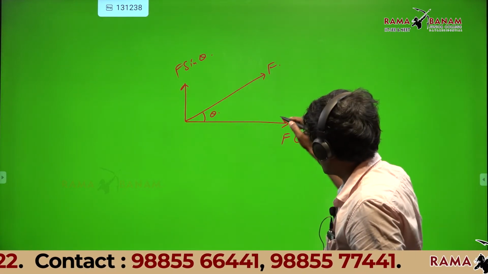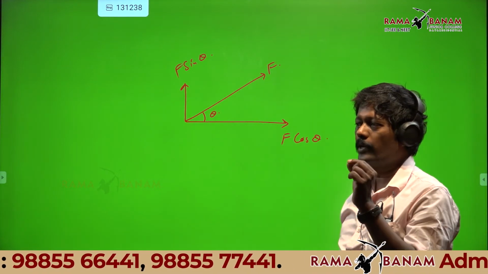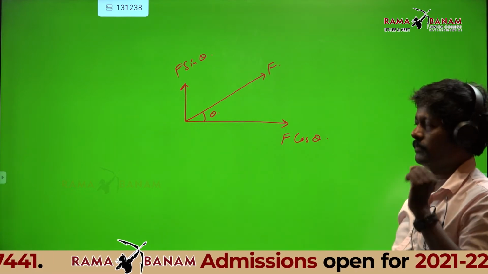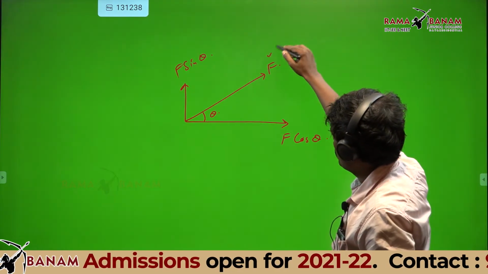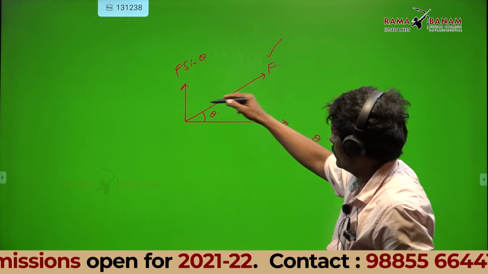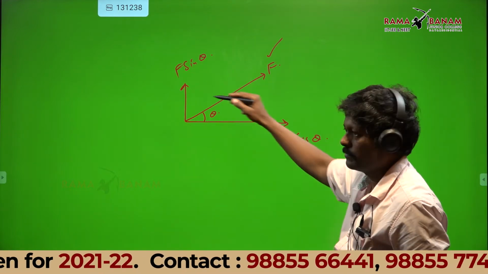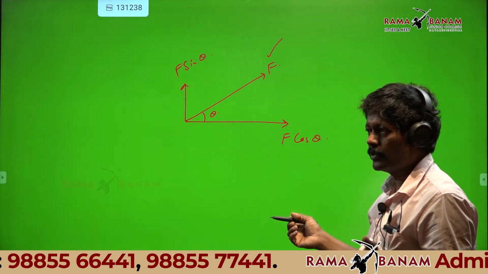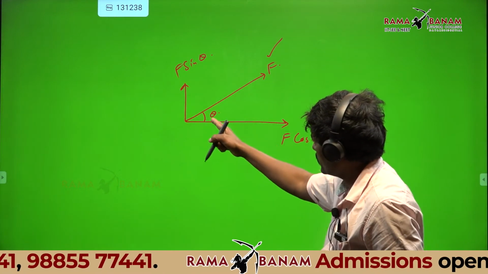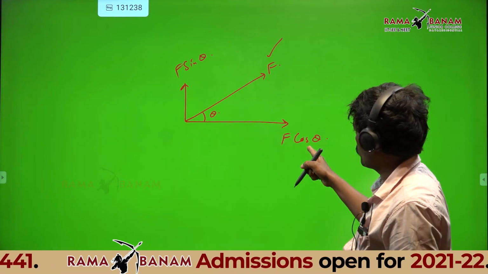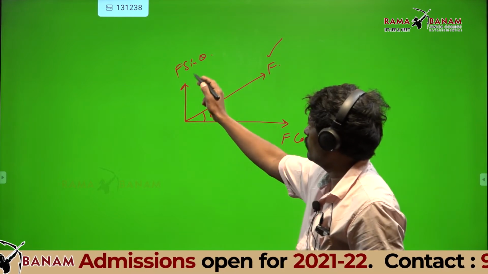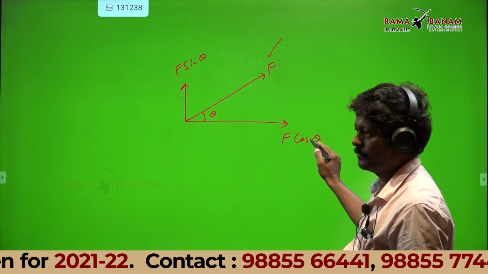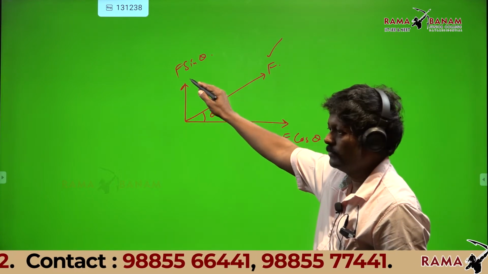These are called components. Component means part of the vector. This is the main vector. Parts of the vector are the two perpendicular components. Both of them are perpendicular to each other. The one which is adjoining theta will be F cos theta, the other one will be F sin theta. Where you have theta, that will be cos term, the other will be sin term.